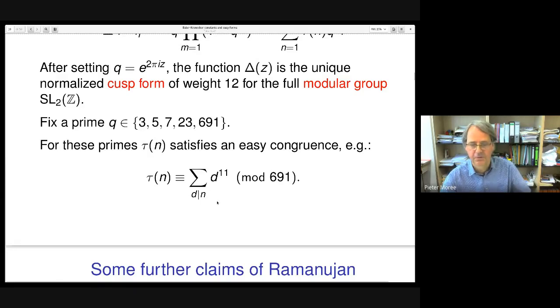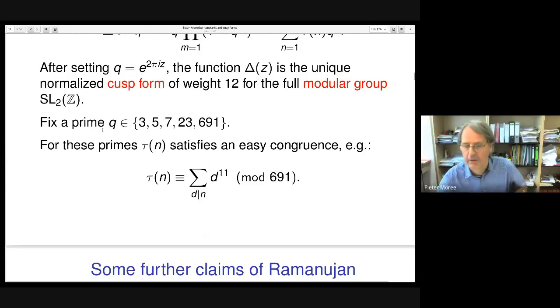This will be one of the main actors in this talk. So you look at sums of divisors raised to a certain power. And so this tau of n is a complicated arithmetic function, but modulo 691, you get something very simple, because this is pretty simple to analyze. So that was the statement of Ramanujan.